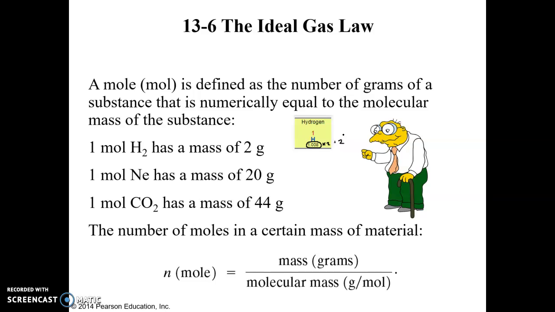So one H2 molecule would have a mass of 2 atomic units, but if we had a mole of them, its mass would be 2 grams. It links together the atomic weight and the mass in grams. And if we look at neon, it has an atomic weight of approximately 20 atomic units. And so if we had a mole of neon atoms, it would be 20 grams.